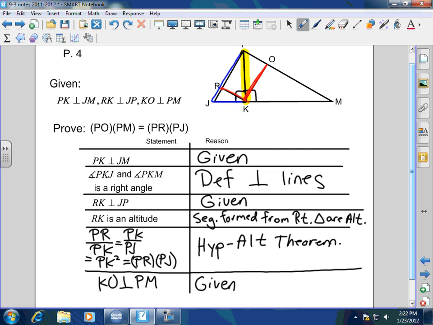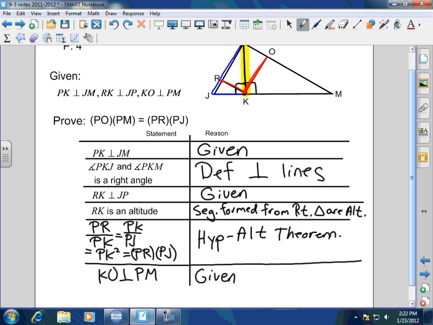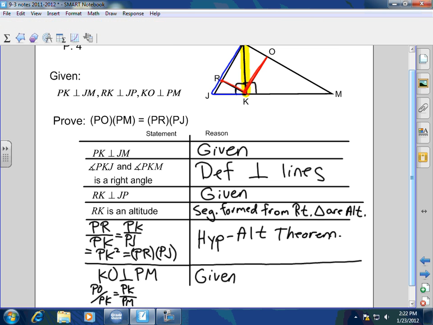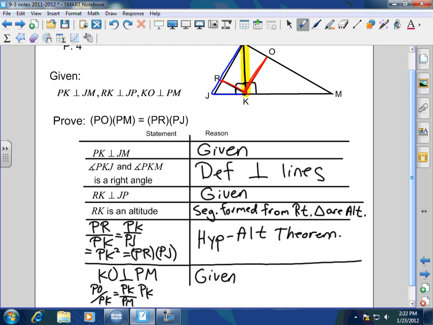And if KO is now the altitude, isn't PK the shared side again? So then, I'm skipping a step here, but wouldn't it be that PO to PK equals PK to the whole entire thing? No, PM. So that PK squared equals PO times PM.